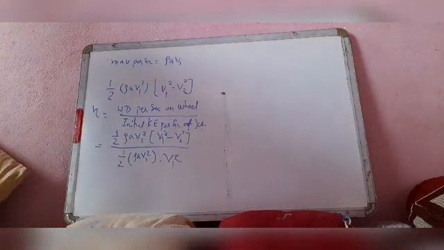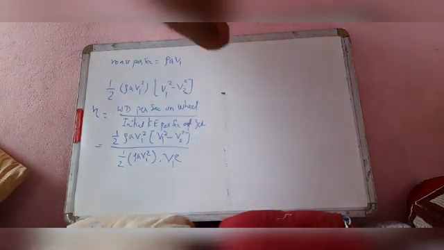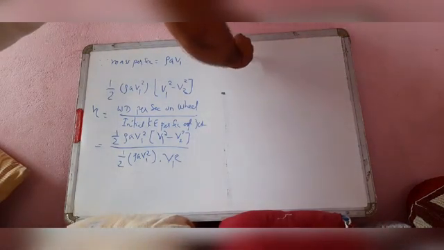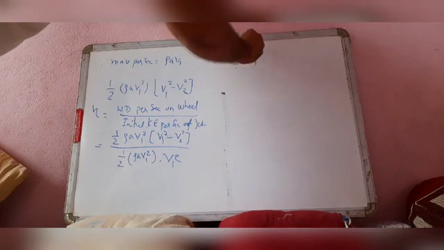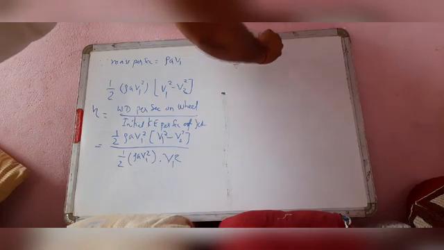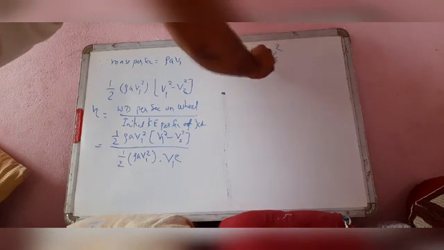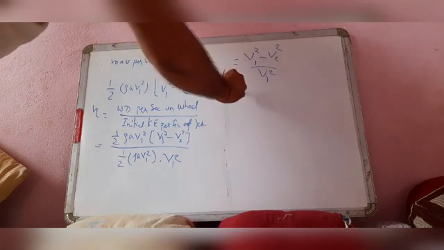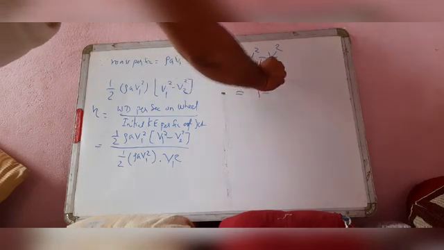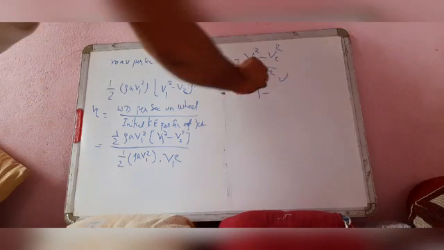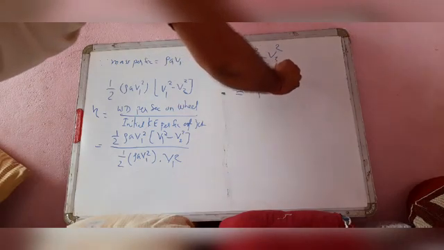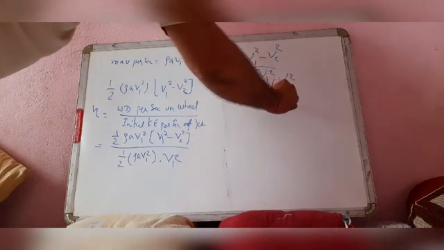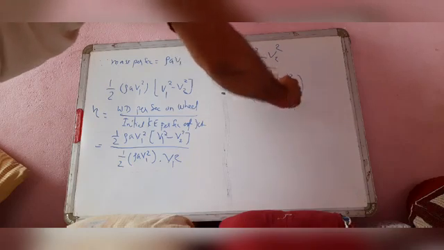Now this value comes as (v1 square minus v2 square) by v1 square, that is equal to 1 minus v2 square by v1 square.